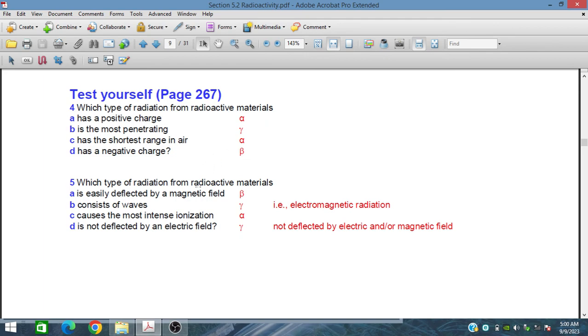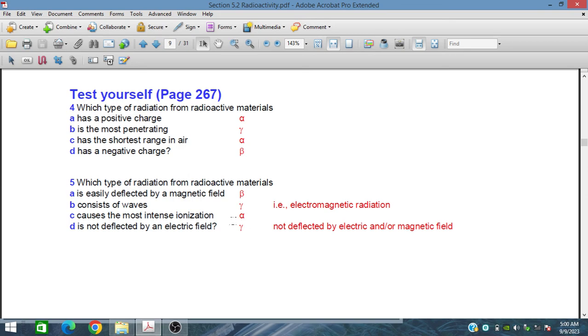Which type of radiation from radioactive materials is easily deflected by the magnetic field? Beta. Gamma consists of electromagnetic waves. Alpha causes the most intense ionization and has very high energy, but its penetration range is very low. It cannot move to a larger distance because of its heavy mass.